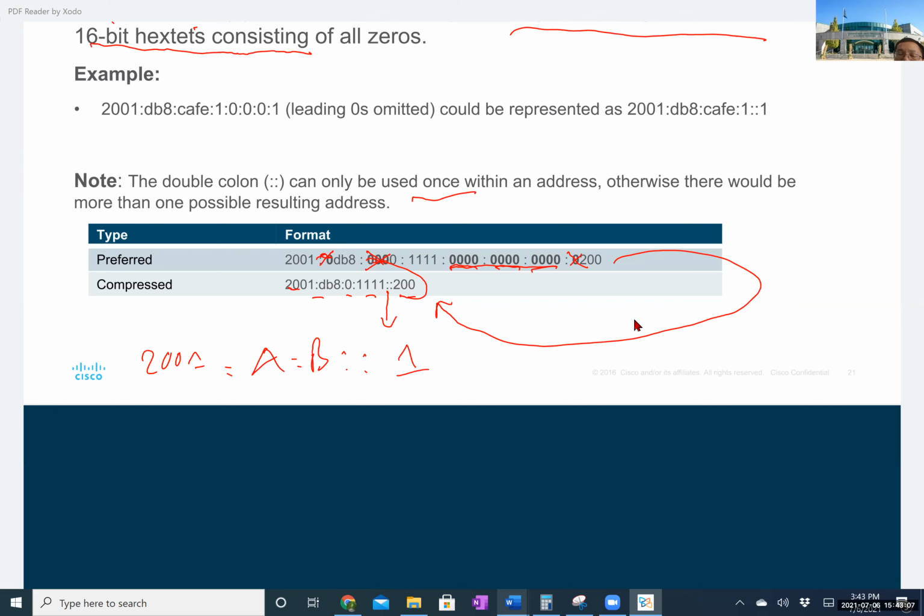So if you look at this IPv6 address here, what do you think? How many groups of continuous 0 do I have for this one here? How many continuous groups of 0 did I replace with the double colon here?